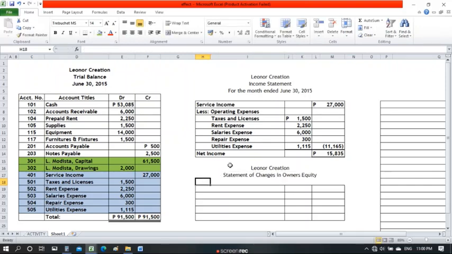And then the date. In the date, still the same as the date that we use in the income statement. So for the month ended June 30, 2015.